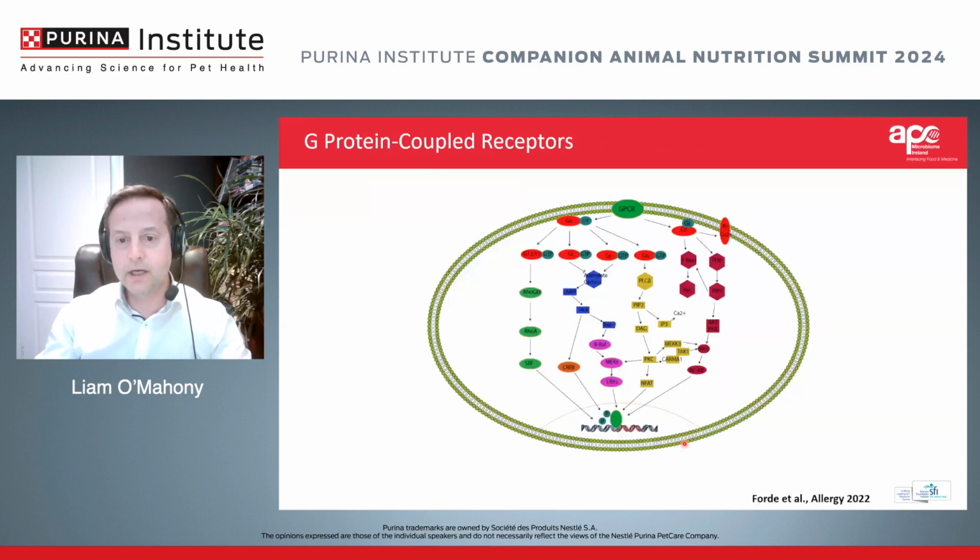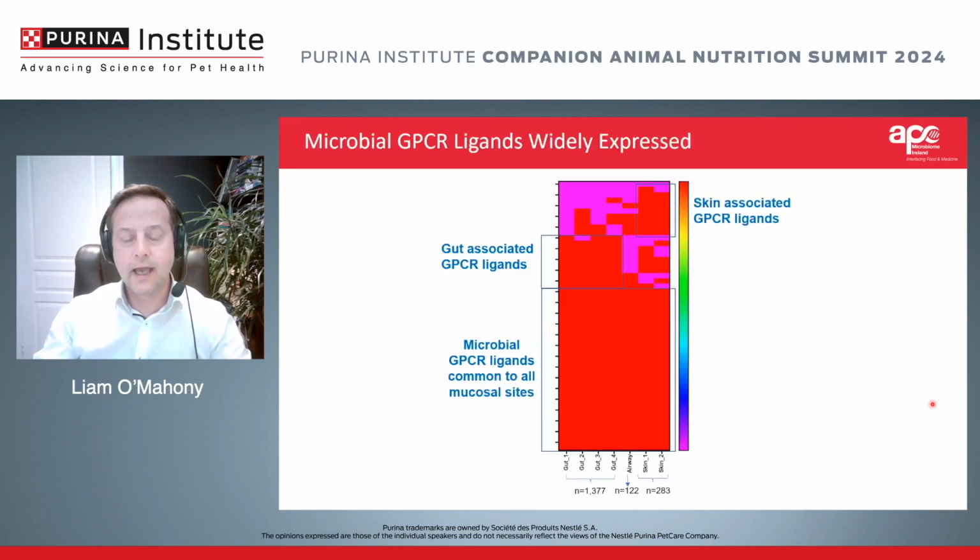So I mentioned G protein coupled receptors earlier, that these were very differentially regulated in rural and urban children. And as I said, these are transmembrane receptors that can couple to different second messenger signaling molecules, so that even with the same receptor, you can get multiple different types of responses within the cell. And so we looked in published metagenomic data sets for the presence of genes that can encode for GPCR ligands that would come from bacteria.